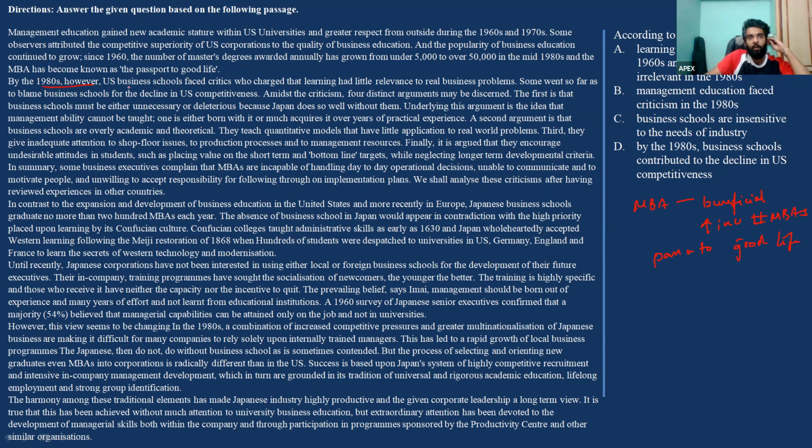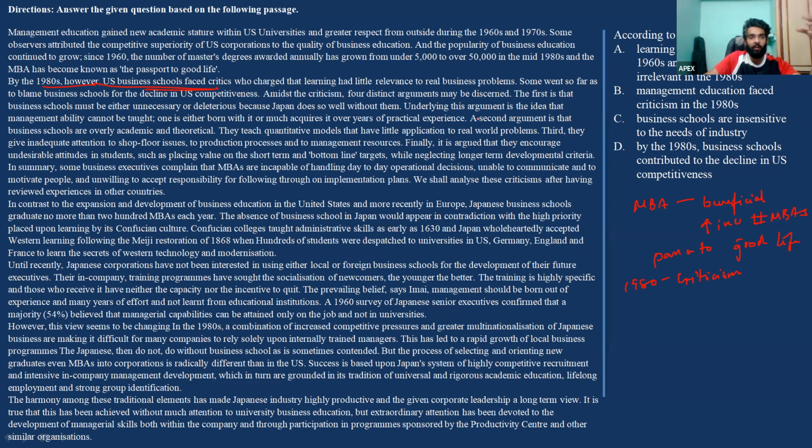However, US business schools faced critics. So in 1980, criticism started. And there were some business problems, and he's saying that what's taught in theory is not really what is practical. So throughout this part, he's given us a few arguments.